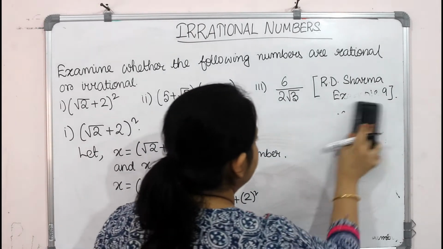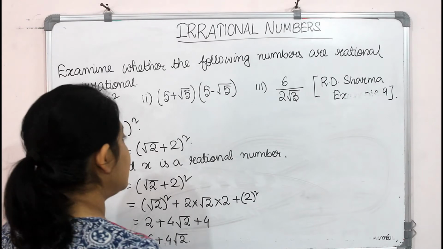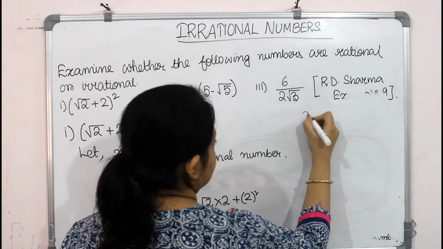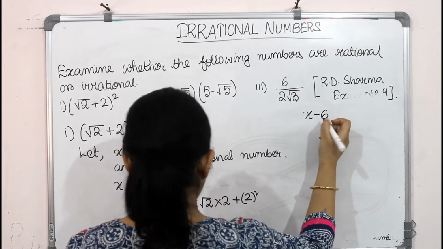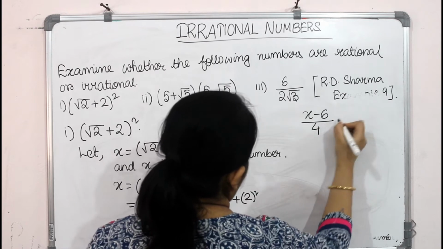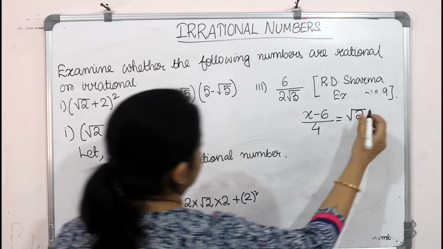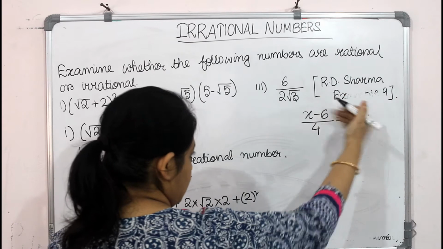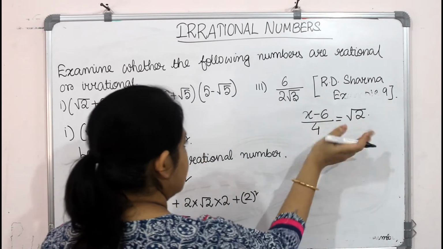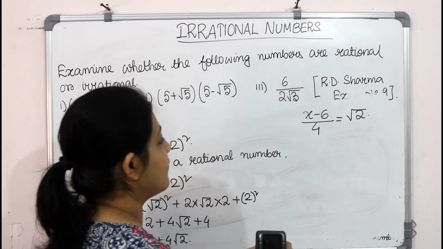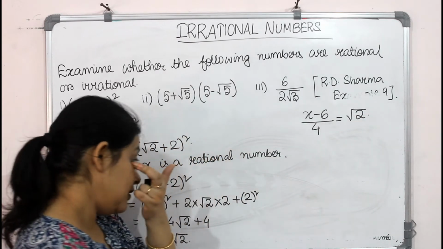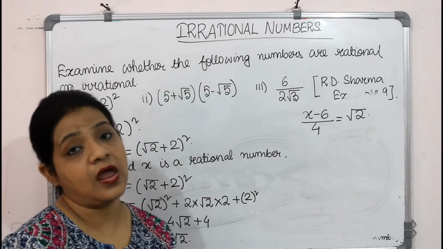Now what do we do? We take 6 to the left hand side. So you are getting (x minus 6) by 4 equal to root 2. Means we have just separated all the rational numbers to the left hand side, and we have left the irrational number, that is root 2, alone.